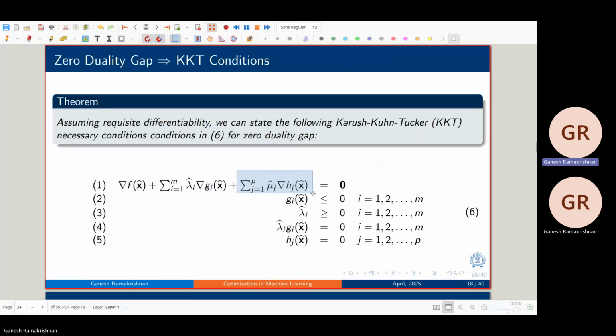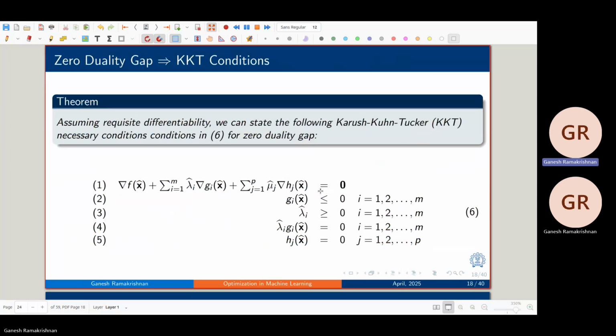I'm going to do the same thing with the gradients of H. Why? Here's a trick. Can you express Hj of x equal to 0 as two inequality constraints? What are those? Less than or equal to 0, greater than or equal to 0.